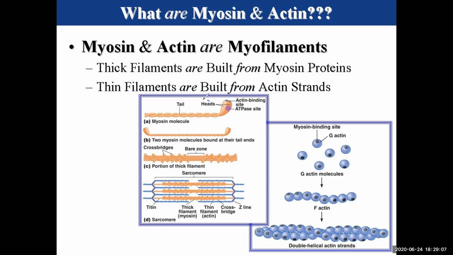On the head of the myosin, you have two components. You have the actin binding site, which binds to the dark circle on the thin filament.